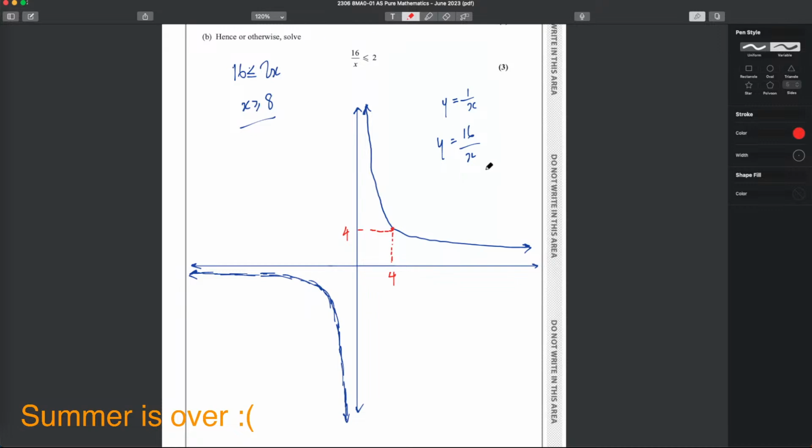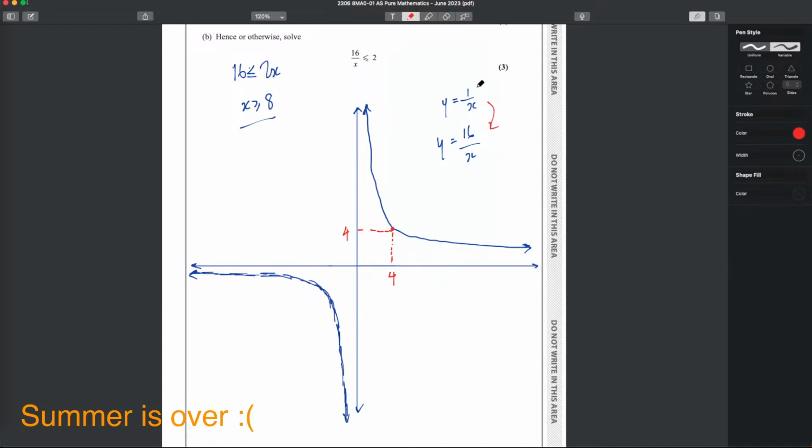I'm trying to remember graph transformations of the reciprocal function. Just some basic stuff, just trying to remember the fundamentals from first principles. So I'm just looking at this transformation.